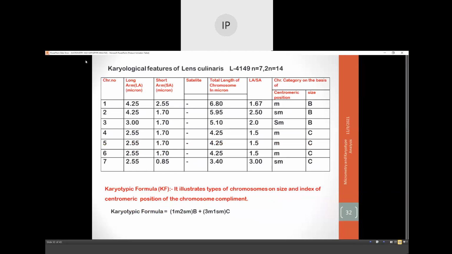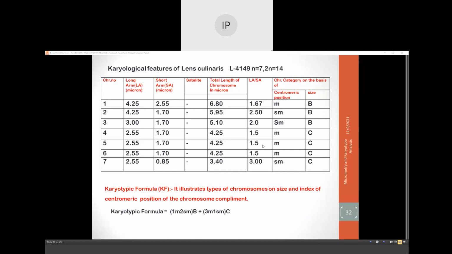Now these are the karyotypic details of a taxon under observation, Lens culinaris, variety L4149, n equal to 7 and 2n equal to 14.